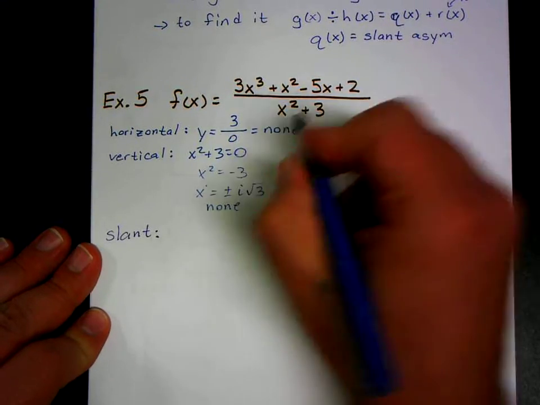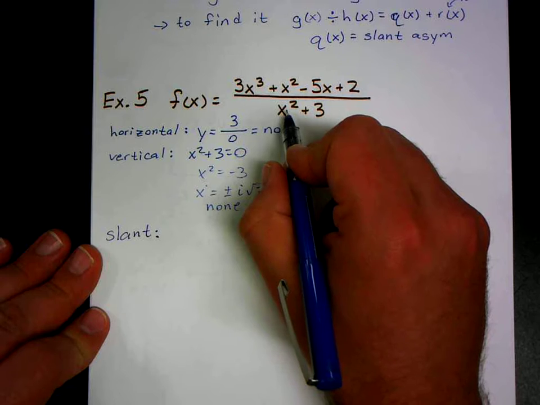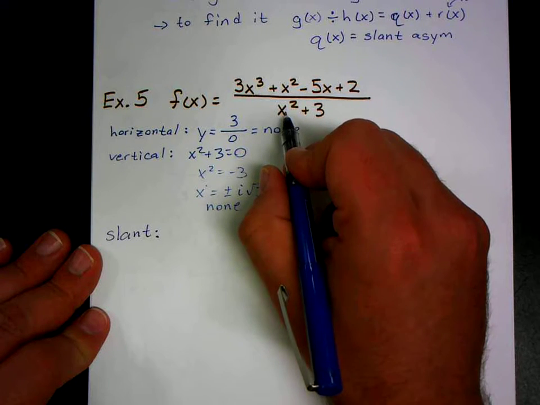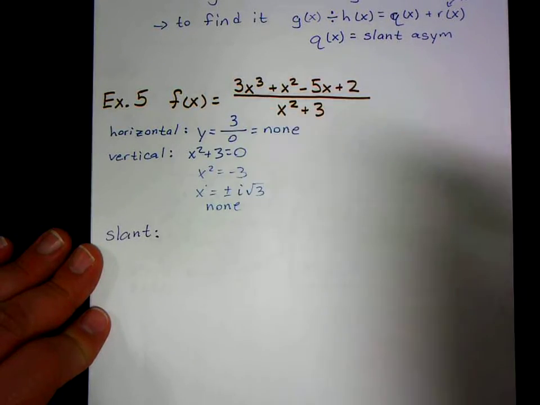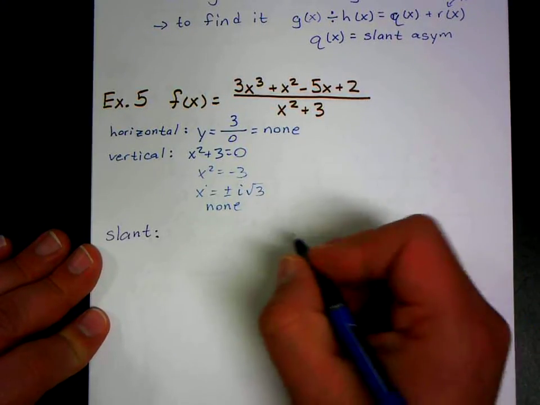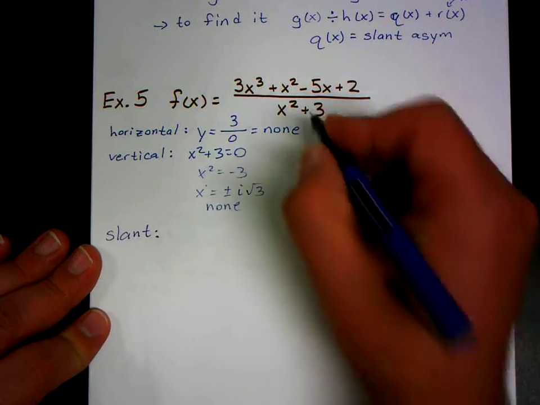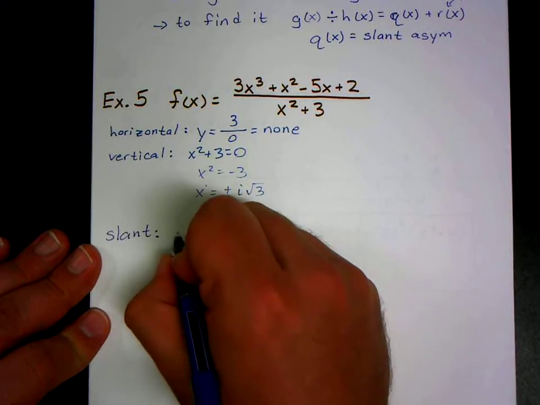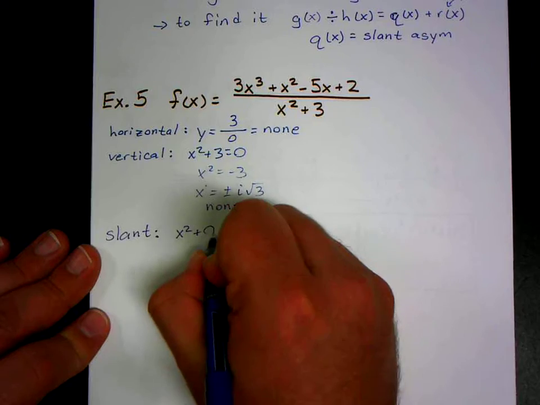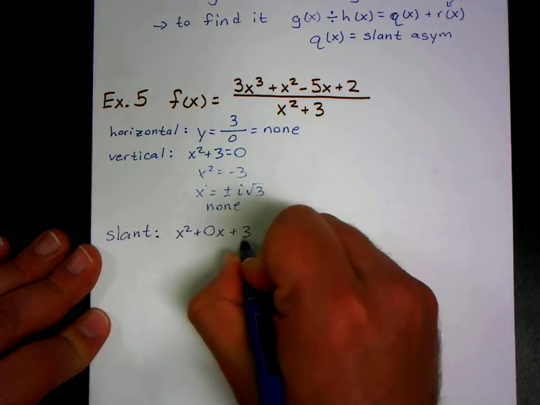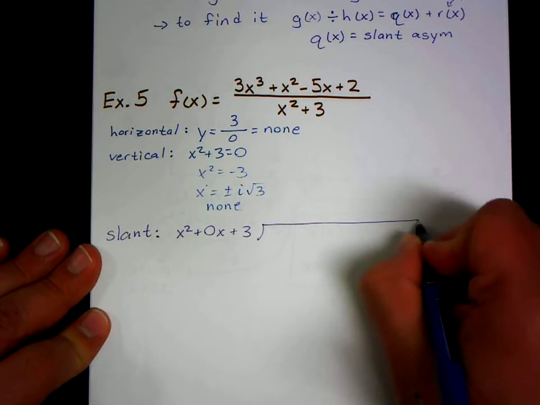Since this is an x squared, I cannot use synthetic division. I have to use long division, and I have to fill in any missing numbers with zeros.